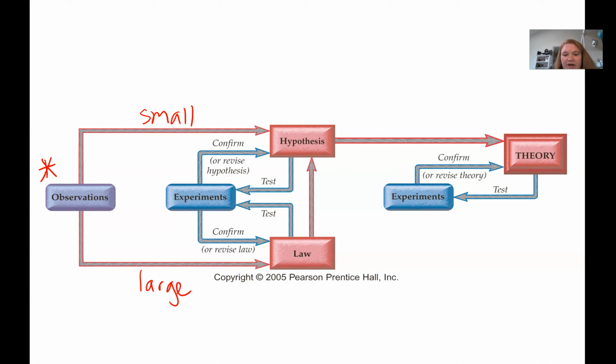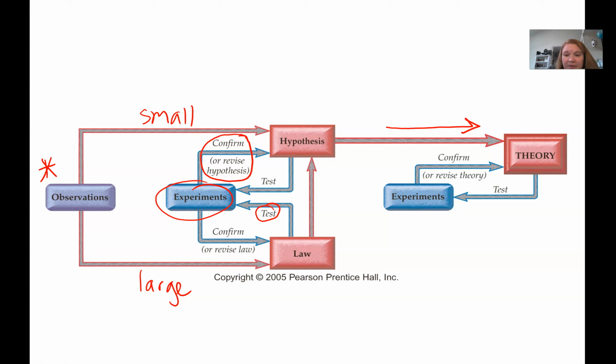And then once we have our hypothesis or law, we're going to test it using our experimentation, and then whether it validates or invalidates it, we can revise it if needed. That hypothesis can then turn into a theory once we've tested it many times and we have a lot of data to back it up.